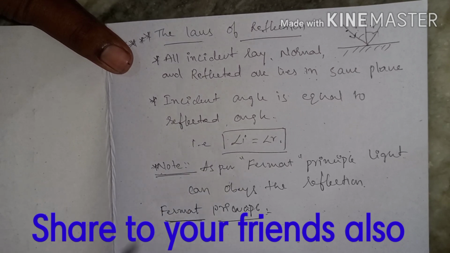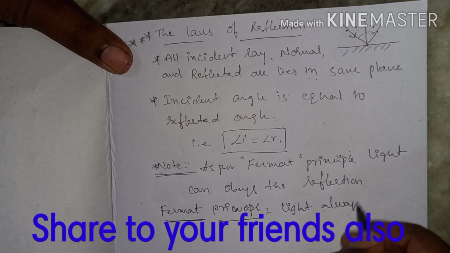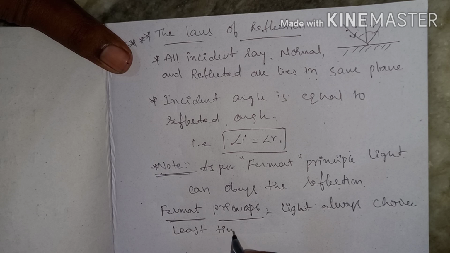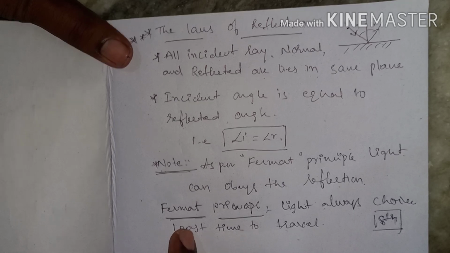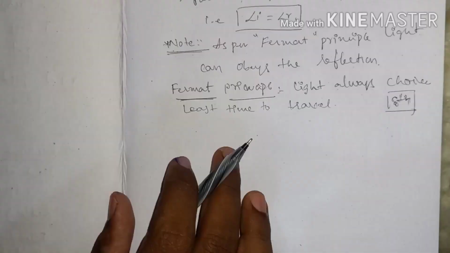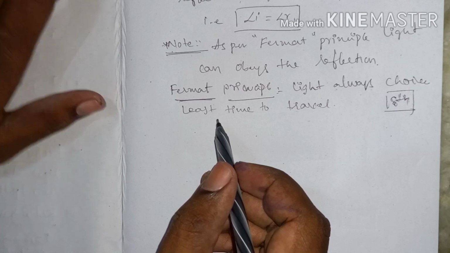It is there in the 8th class physics book; you can check it. Light always chooses the least time to travel. So based on Fermat's principle, light obeys reflection.